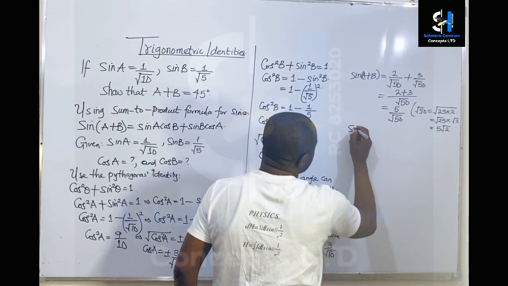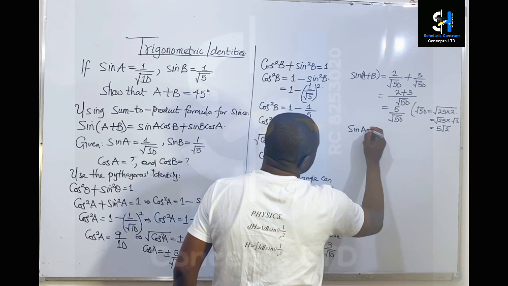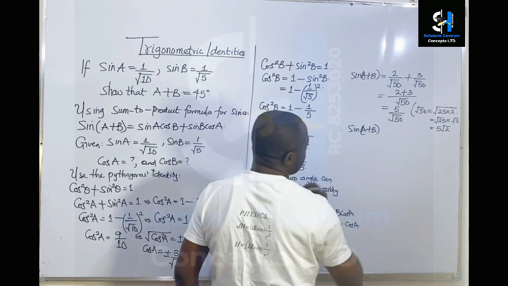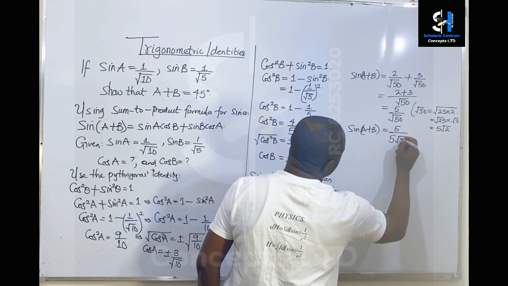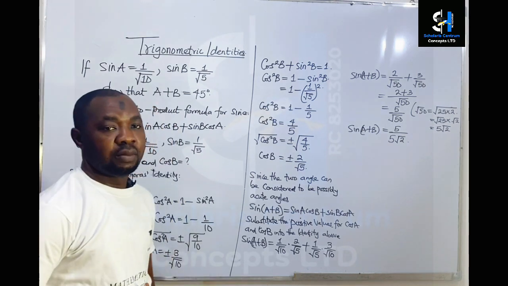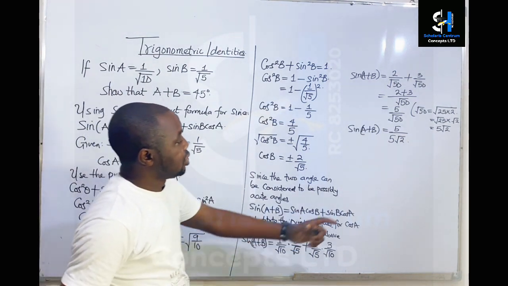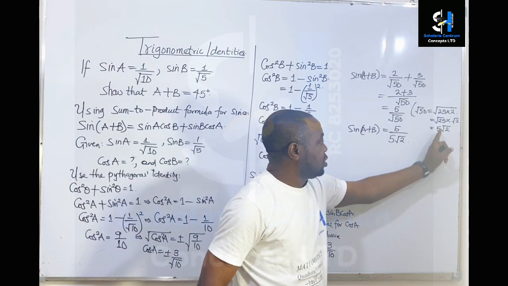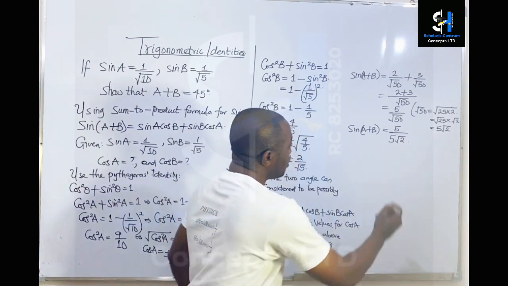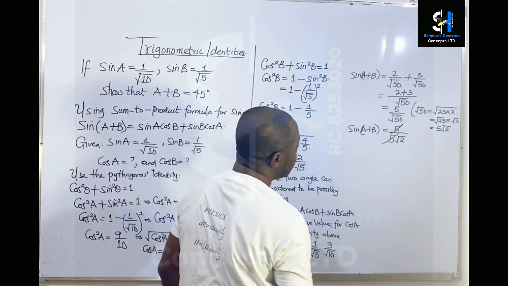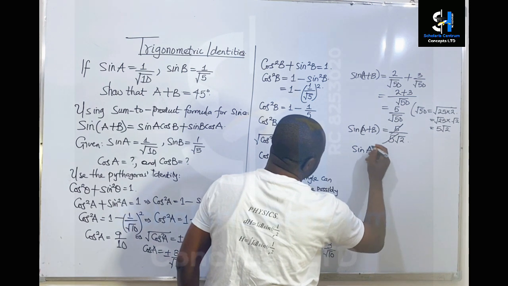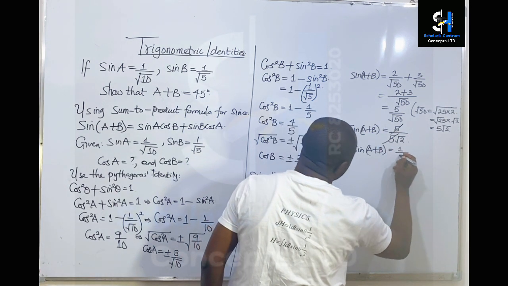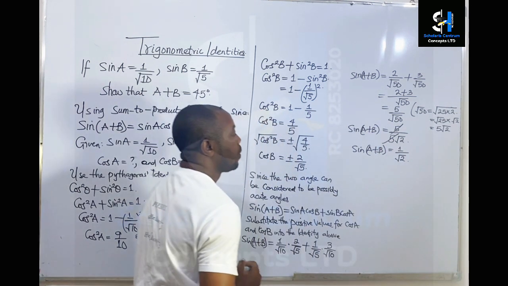So we can then have sine A plus B equals 5 over 5 root 2, because root 50 equals 5 root 2. So 5 will cancel 5, and we then have sine A plus B equals 1 over root 2.